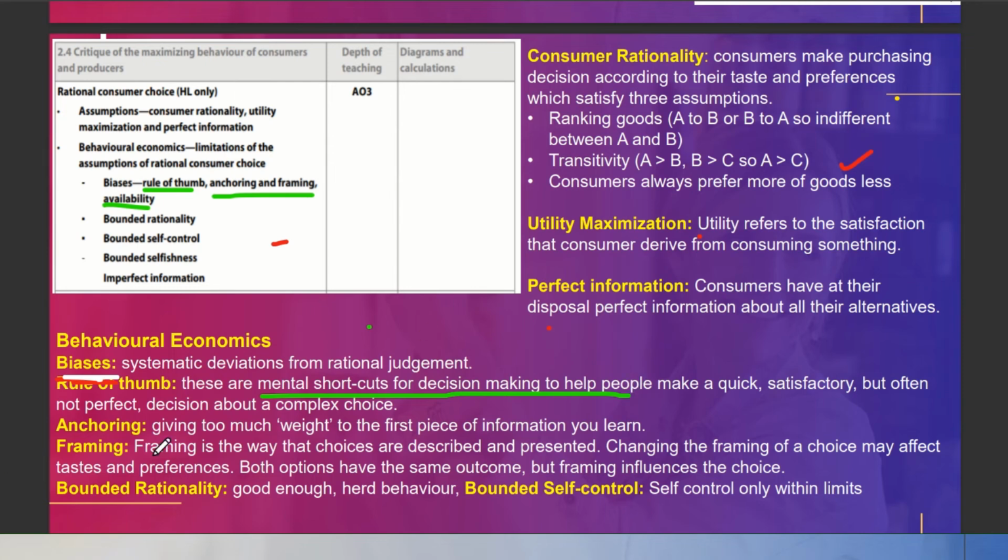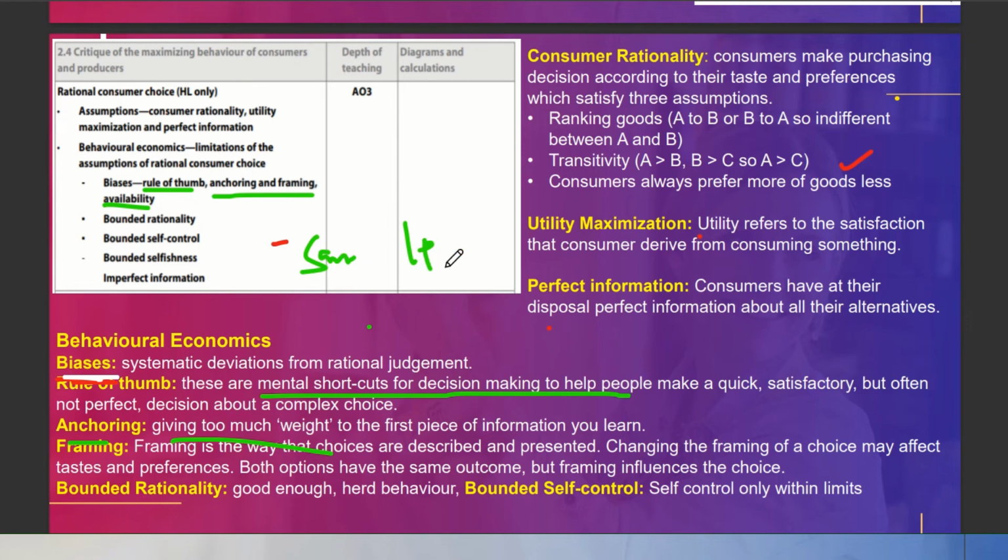And anchoring means giving too much weight to the first piece of information the consumers learn. For example, somebody prefers iPhone, or somebody prefers Samsung, or whatever the brand. Those who have a Samsung believe they have a lot of information about the product.